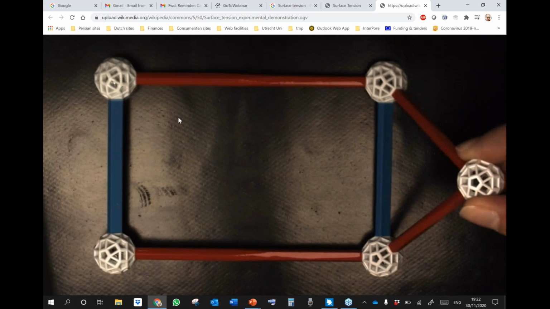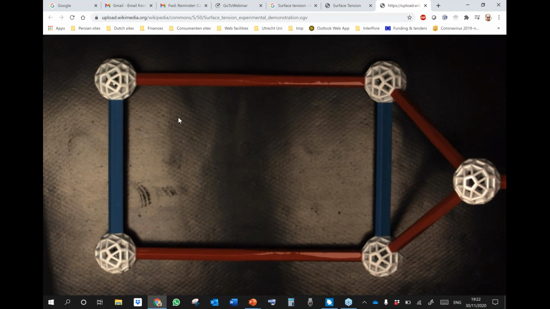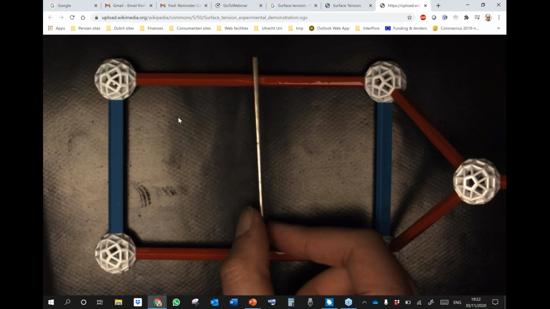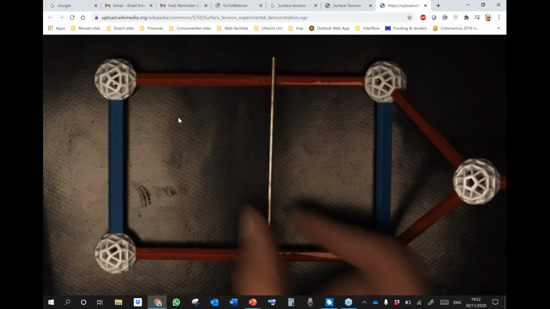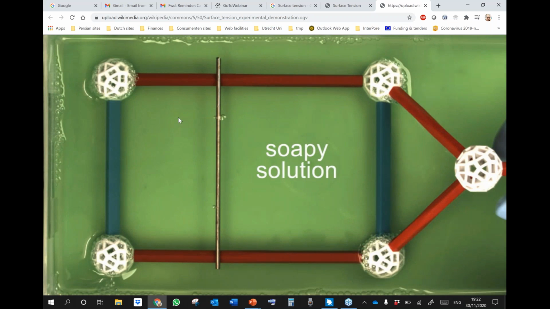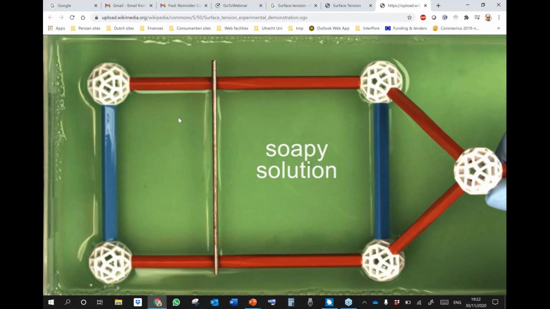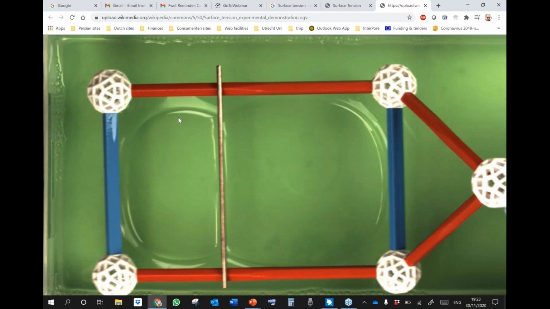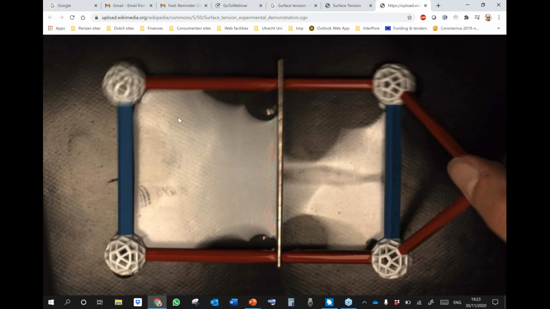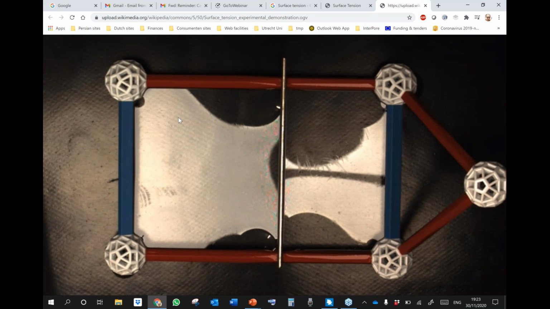There you go. That's the frame, and then soap water is added. And then a small rod is put on that frame, put in the soapy solution. And if you take it out, there is a thin film formed around that rod on that frame.